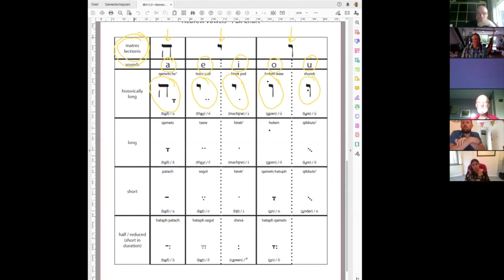So you do not transcribe these letters, but they are part of the vowel. And I just wanted to show you, perhaps you've forgotten, this characterization of the vowels. Mother vowels, matres lectionis, they are able to carry a vowel: A, E, I, O, U. So now go back to what he has to say.